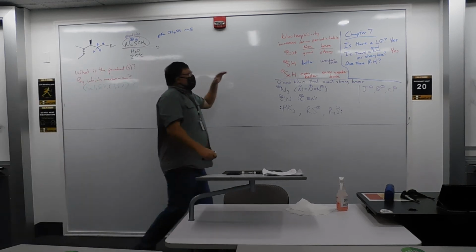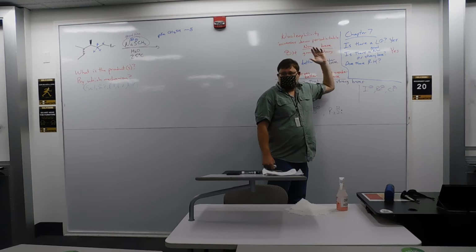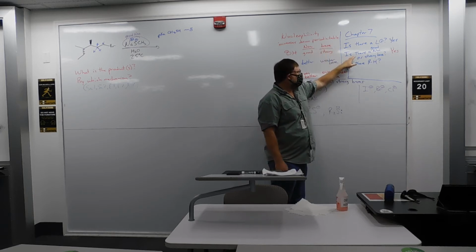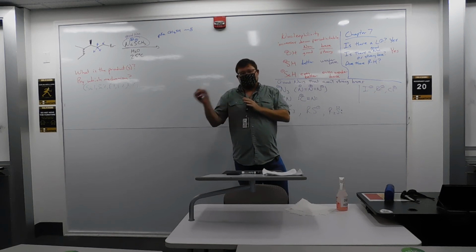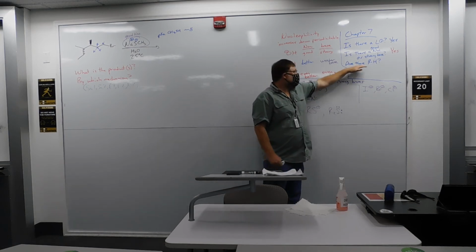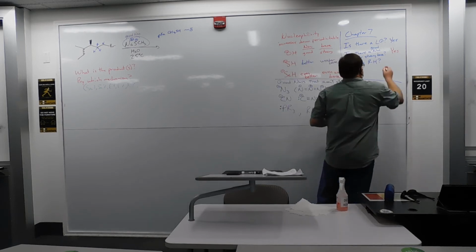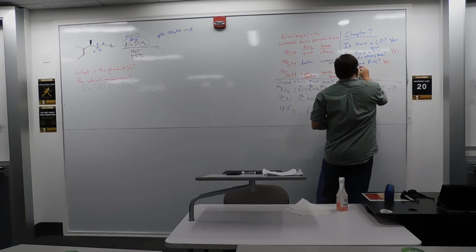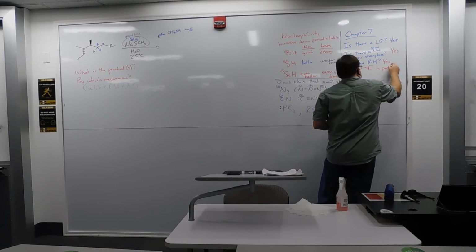So without a leaving group, we cannot do any of these four reactions: SN1, SN2, E1, E2. If there's a good nucleophile or strong base, you go one direction. If there's not, you go another direction. If there are no beta hydrogens, you couldn't do elimination. So the fact that there are beta hydrogens means that elimination is possible.